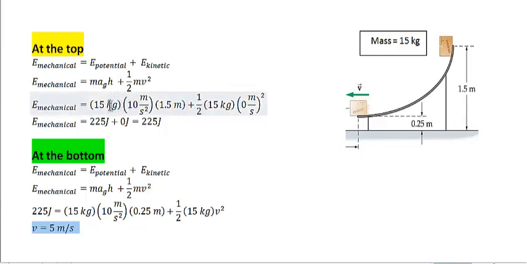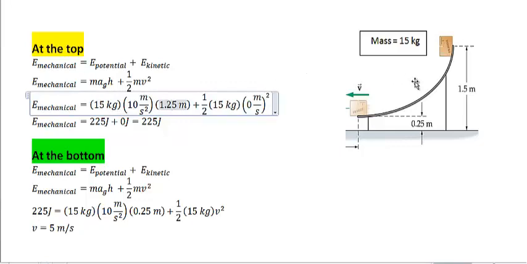That would mean this term right here, it's not 1.5 meters that it can fall, it's 1.25. That would be the 1.5 off the ground minus the 0.25 that it doesn't fall, or that the slide is above the ground, I guess, which is 1.25 meters, which would change this term to 18.75 joules.